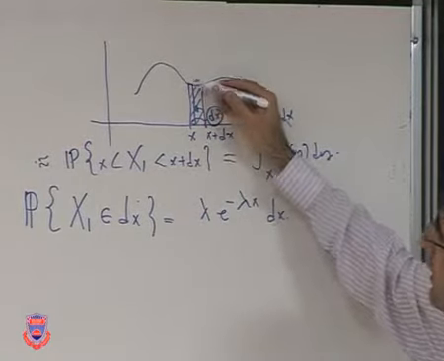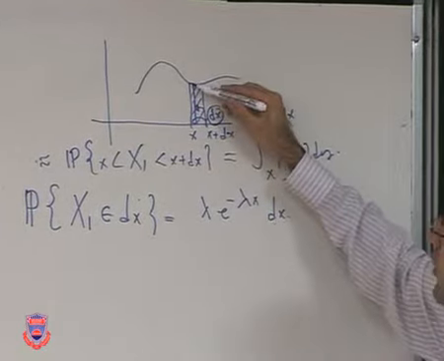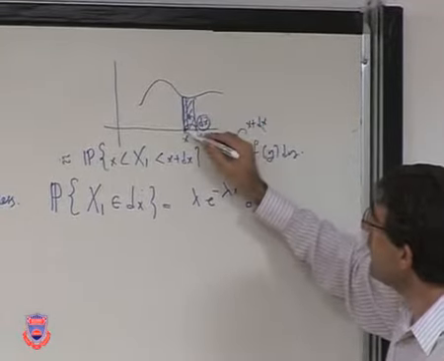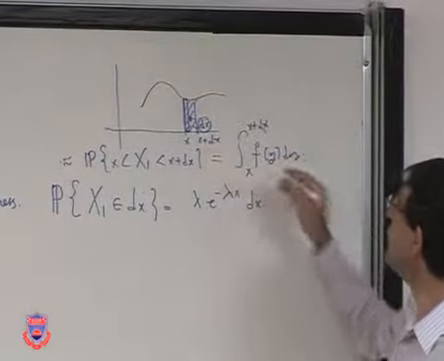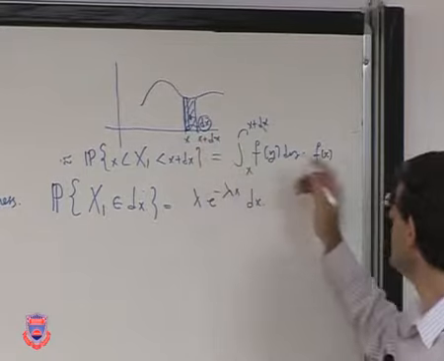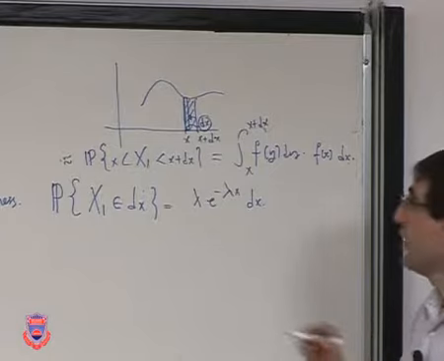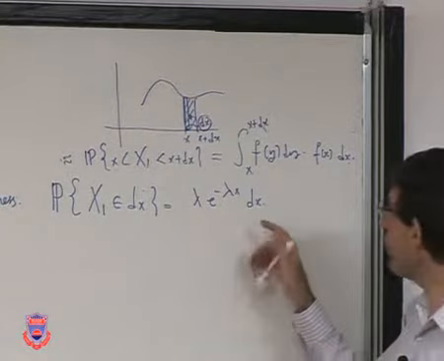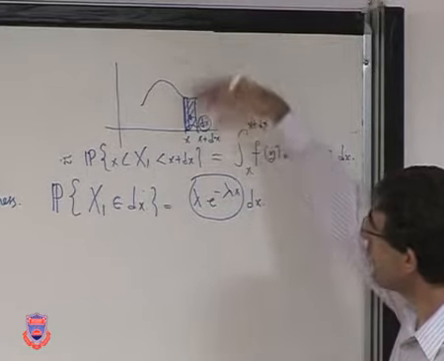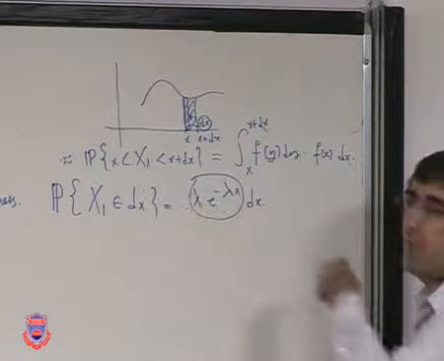Then this area is well approximated by the area of a rectangle, whose area is height times width. The height is going to be around f of x, the value at x, times the width, dx, the interval. So when we write like this, what you should note is this is the function under which you are supposed to calculate the area in order to find the probability, and you have to integrate.